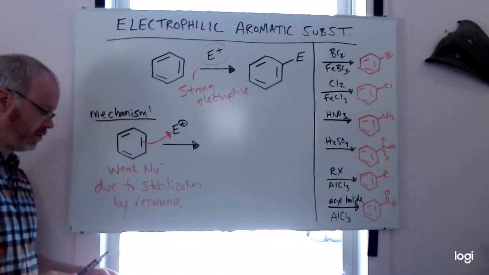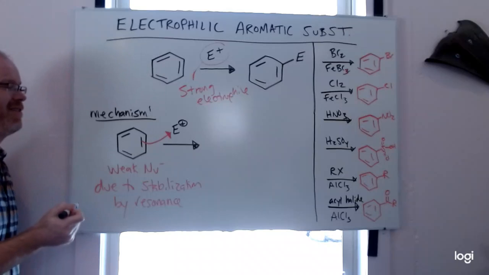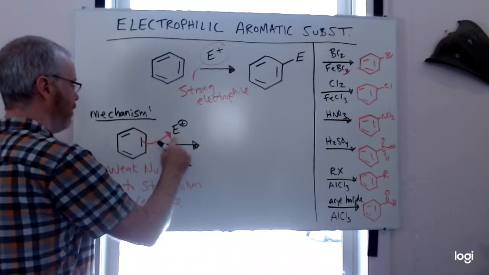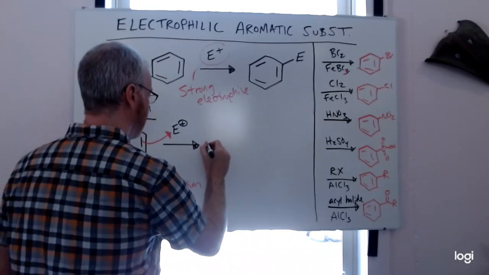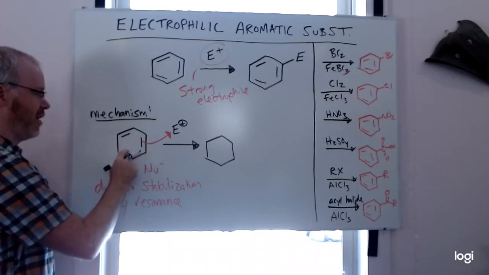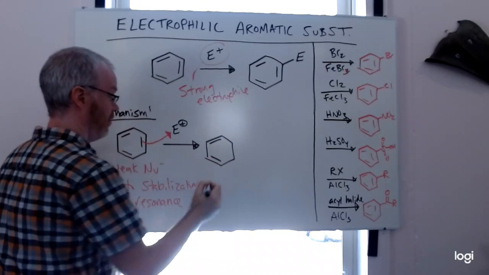It's so stable that it just doesn't react with even a lot of the strong acids like HCl. So the electrophile adds, it uses these pi electrons to react, so these two would stay.